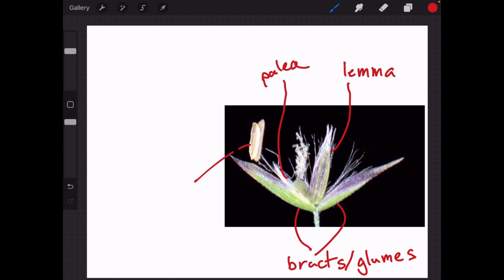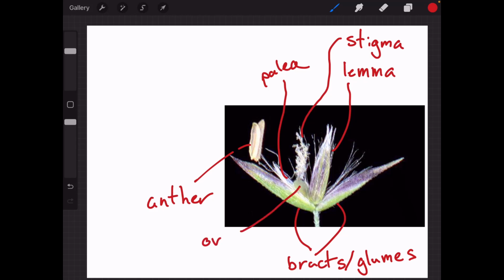We have this pale structure here, which is an anther, and this feathery structure here is going to be your stigma, which means right below the stigma, this is your ovary.